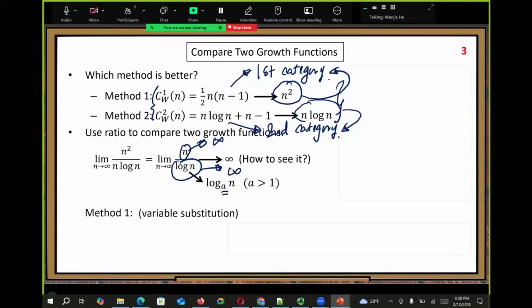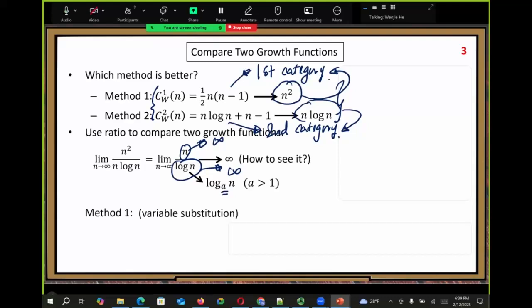The reason is many people do not feel very comfortable on the logarithm function. Some people do not have a good idea how large a log function is.